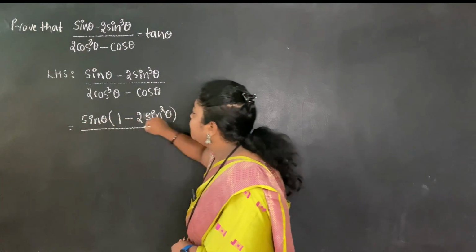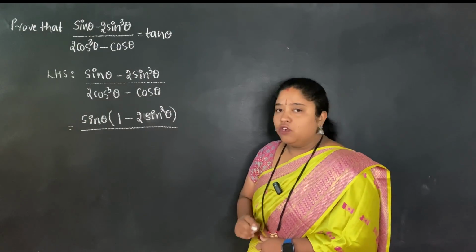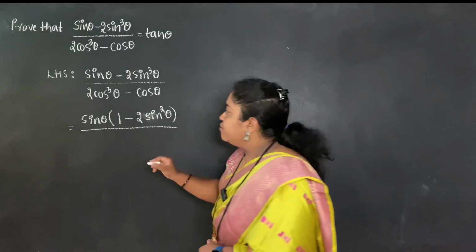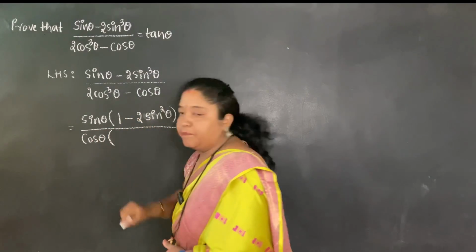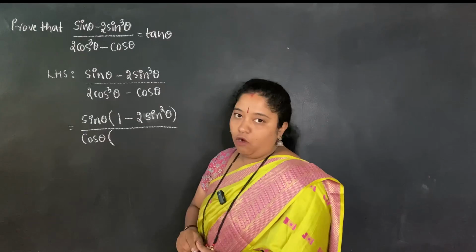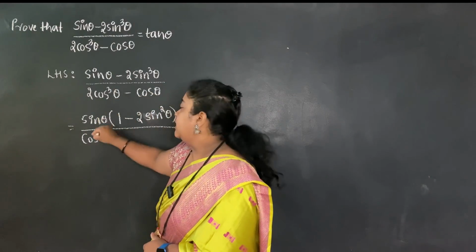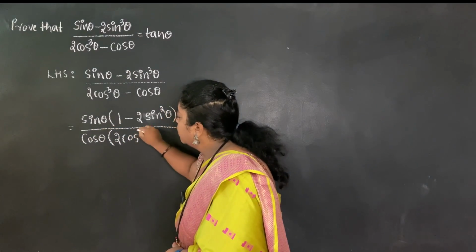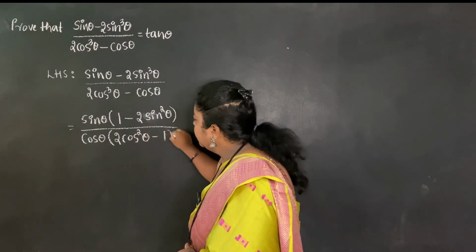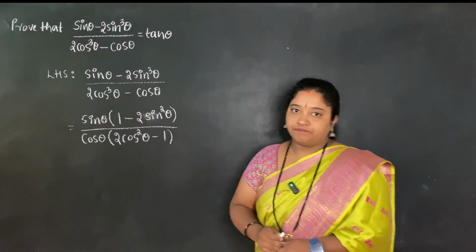The same way in the denominator, I can take cos theta common. If I take cos theta common, what is left here? Out of cos cube theta, cos theta has been taken out, so I'm left with 2 cos square theta minus 1, because it is only cos theta I have taken out, and I'm left with 1.